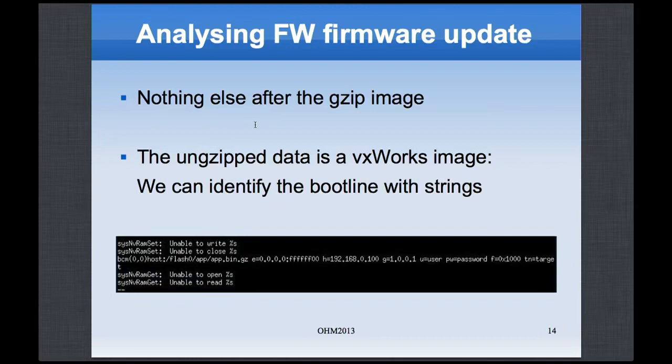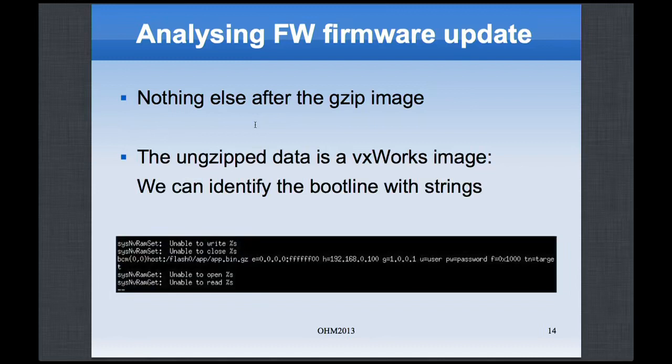Using file again, we still have just data. xdump gives us nothing more. So we'll use strings to look for anything which can help us guess what is in that file. Looking for some patterns, we were able to find this line, which is the boot command line option for VxWorks.